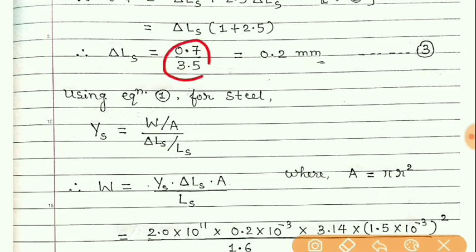After calculating this, we get the change in length of the steel wire equal to 0.2 mm. Let us give this equation number 3.